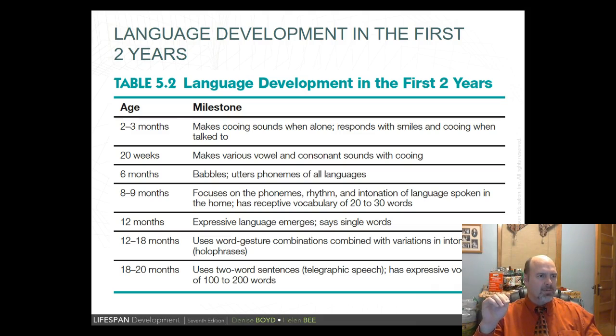That's where they come to ma, pa, mama, papa. 6 months is the babbling, uttering phonemes of all languages. 8 to 9 months is a focus on phonemes, rhythm, intonation, of receptive vocabulary, 20 to 30 words. At 1 year, they're able to actually say some single words. 12 to 18 months is their gesture and words, and 18 to 20 months is using their 2-word sentence or telegraphic speech.